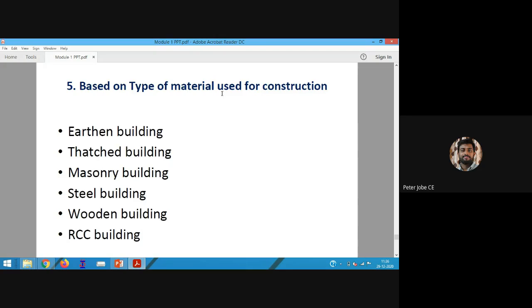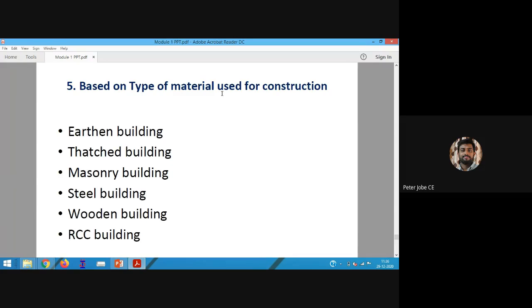In an earthen building, the basic construction material will be soil. Nowadays this practice is very uncommon, even though in some places people still follow this procedure, in which the buildings are made of earth, soil.